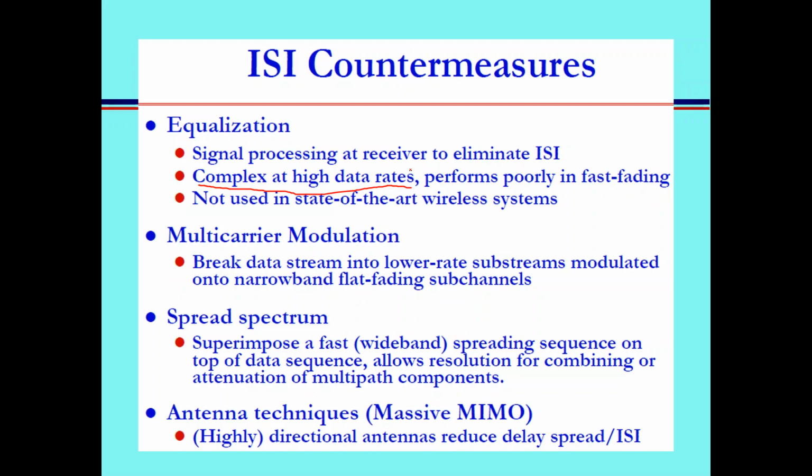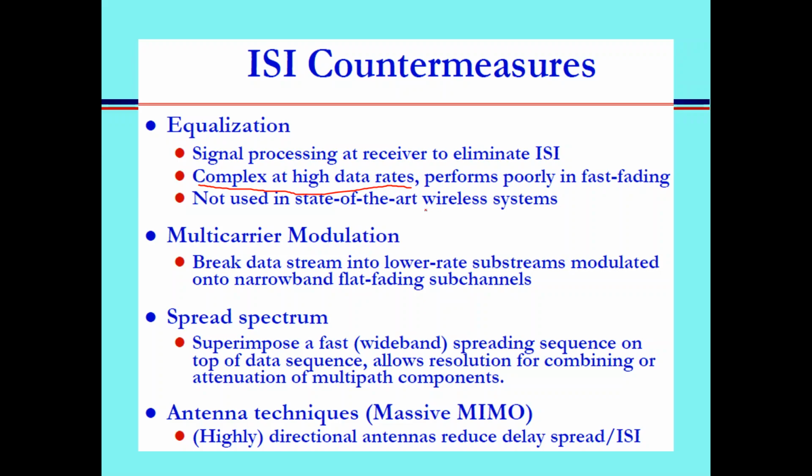And when the delay spread is much larger than the symbol duration, you end up having a multipath channel of X number of taps. Now, the more taps you have, the more difficult your equalizer becomes. It becomes really complex. So when you want to increase your data rate, you increase the bandwidth of your symbol, but this results in reducing the symbol duration. Reducing the symbol duration compared to the delay spread becomes problematic for equalization.